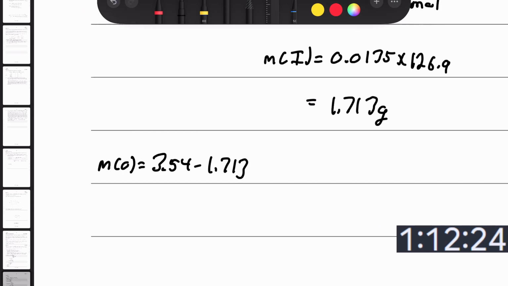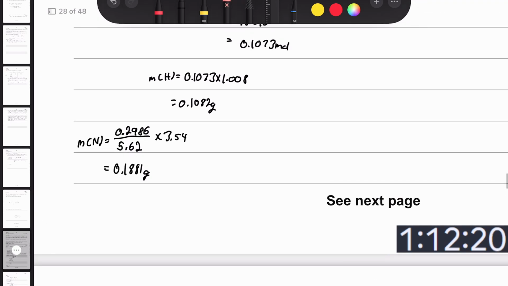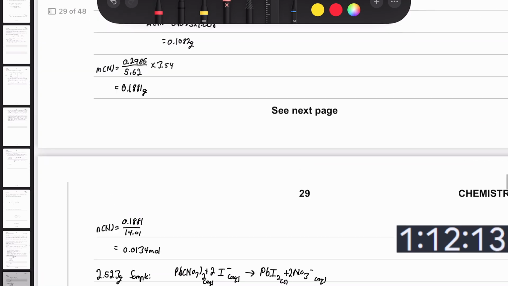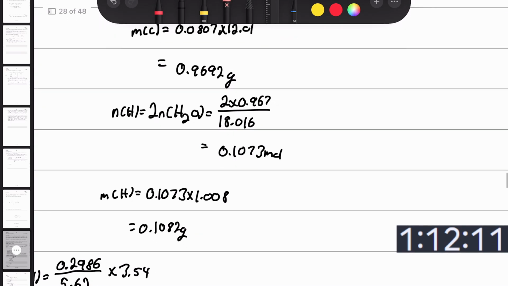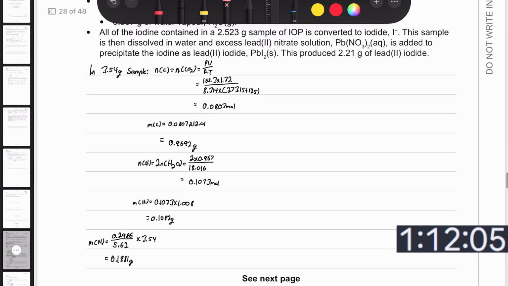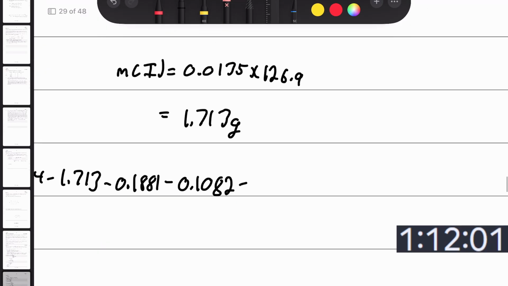Drew a line there by accident. My mass of nitrogen was 0.1881, minus my mass of hydrogen, 0.1082, minus my mass of carbon, 0.9692.